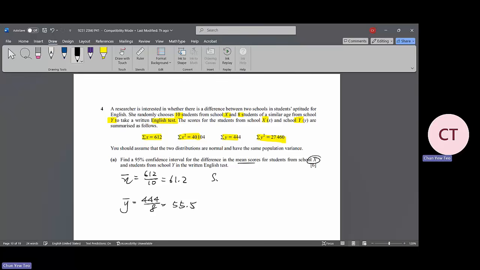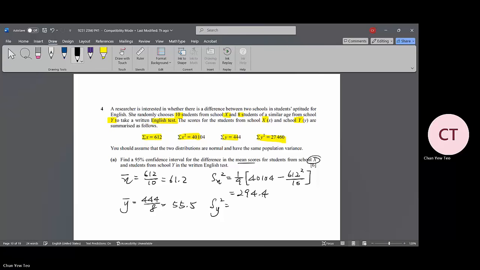Then we need to find the unbiased estimates of the population variance for X and for Y. The formula is 1 over 9 times (40104 minus 612 squared divided by 10). Press the calculator and you will get 294.4.